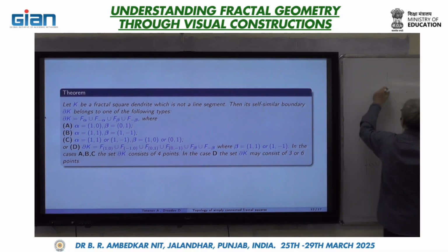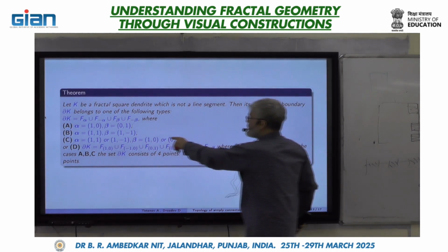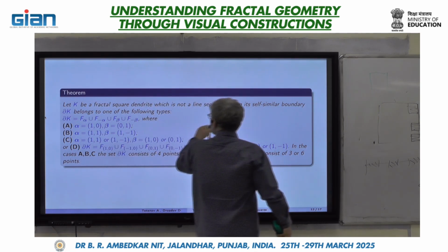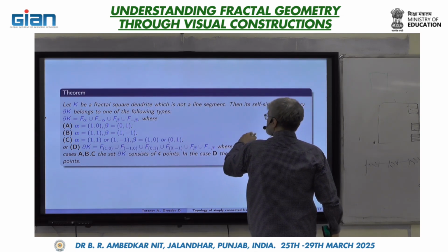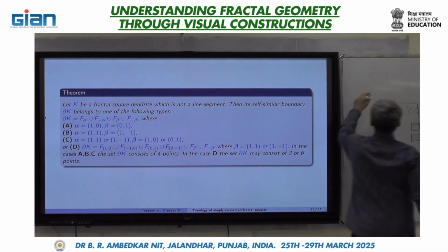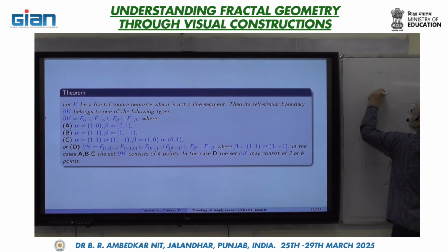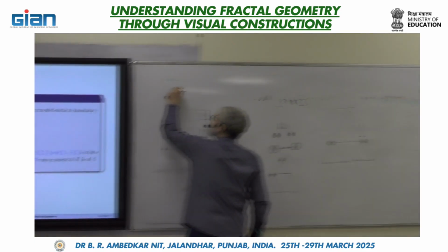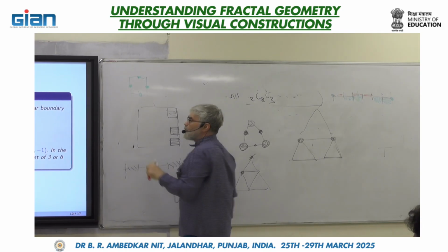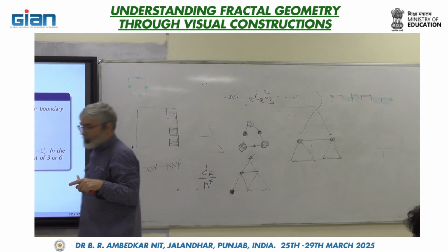First type of boundary, then we have 2 common points on opposite vertical sides, and 2 common points on opposite horizontal sides.